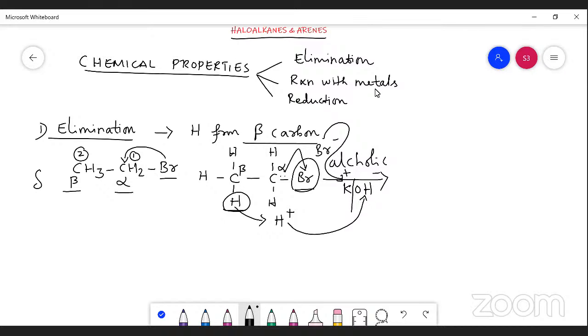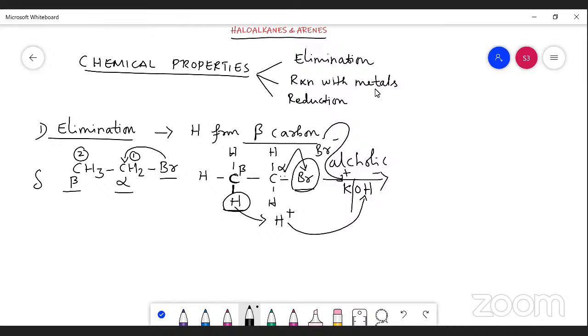Next, what happened to the original molecule? Now you listen. In this carbon, one single bond is present, a carbon to hydrogen single bond. Now H comes out as H plus, so the carbon is free with one single bond.